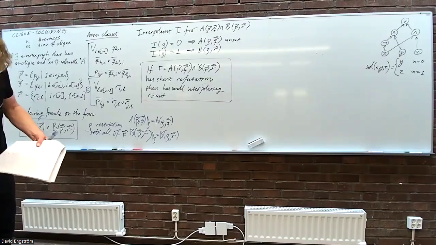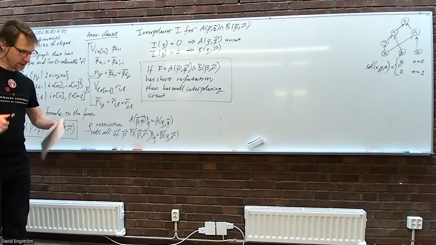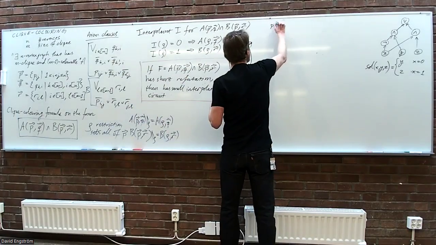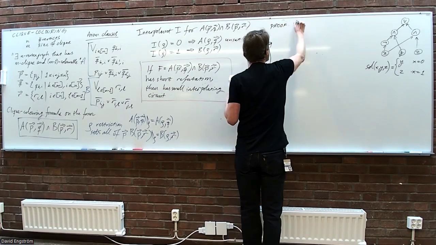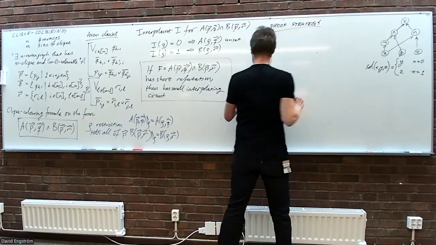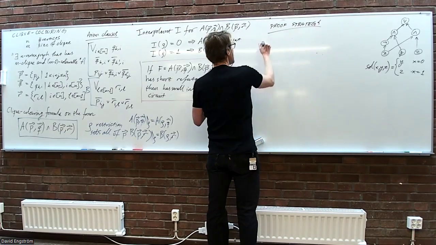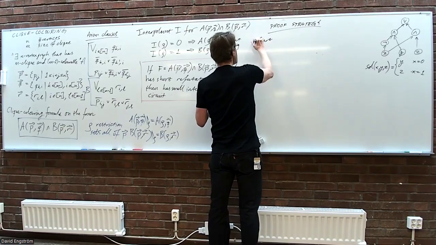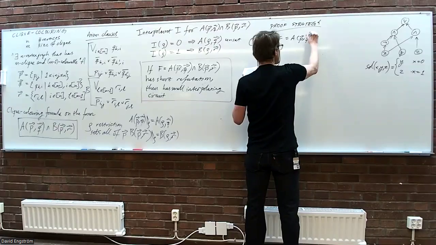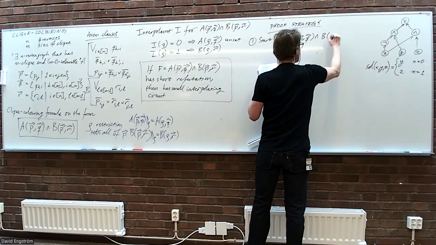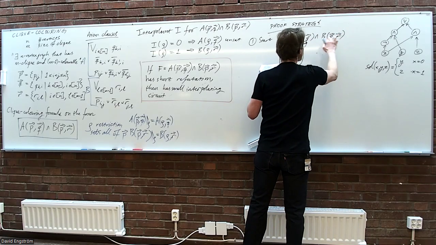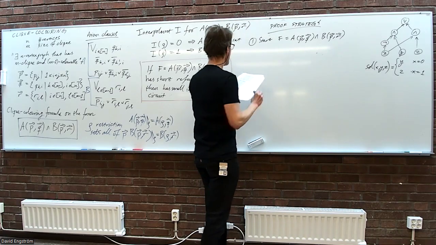Okay, and now our plan is to do the following. So here's our high-level proof strategy. What's going to happen today? First we pick our formula F, and this we kind of already did. We want to look at the clique-coloring formula, A(P,Q), B(P,R).